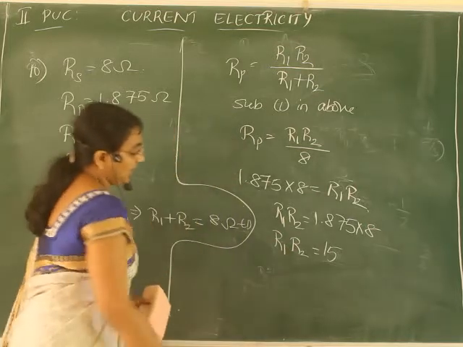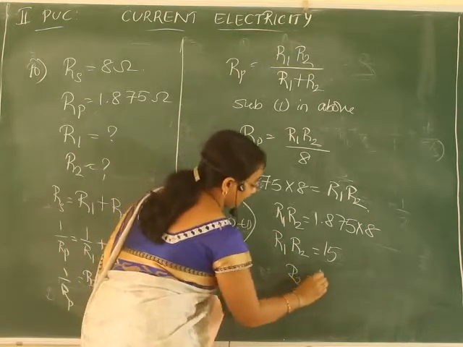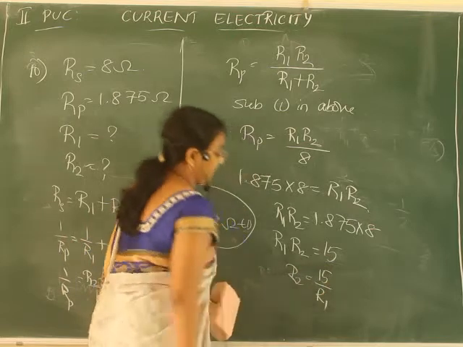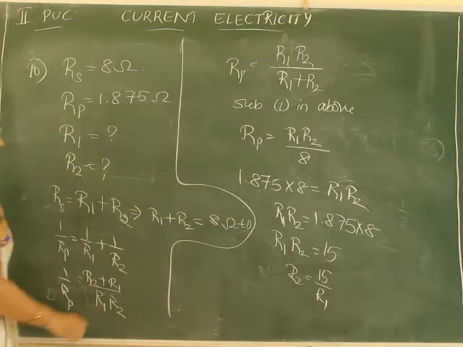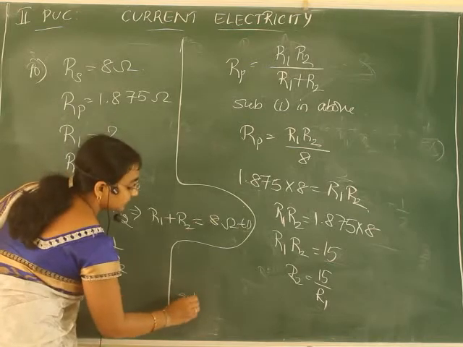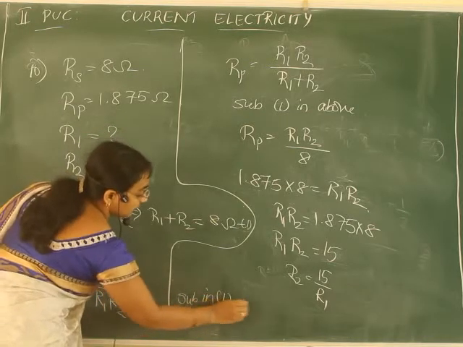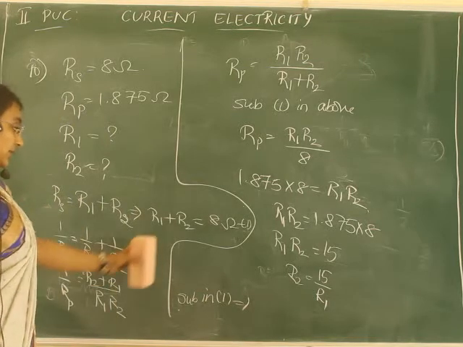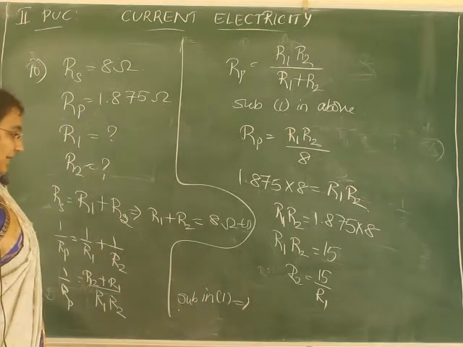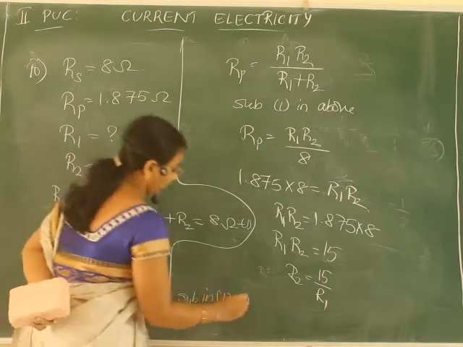Shall I write R2 is equal to 15 by R1? Substitute this in equation number 1. So what do we get when we substitute it in equation number 1? That is R1 plus R2. In the place of R2 I have to substitute 15 by R1.